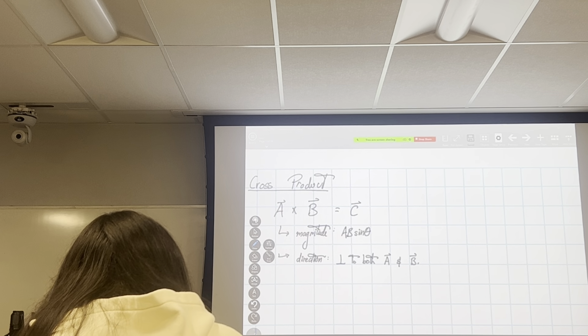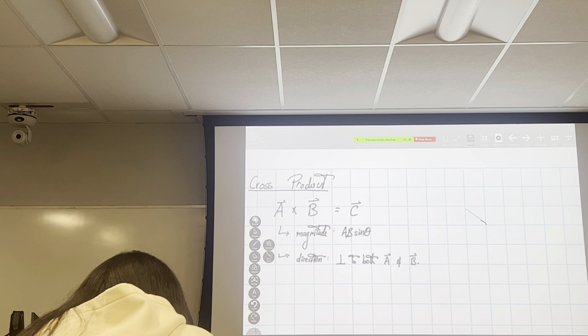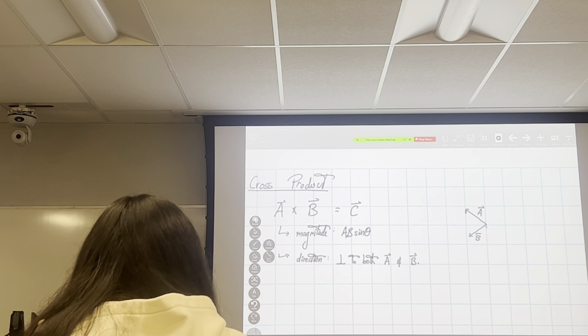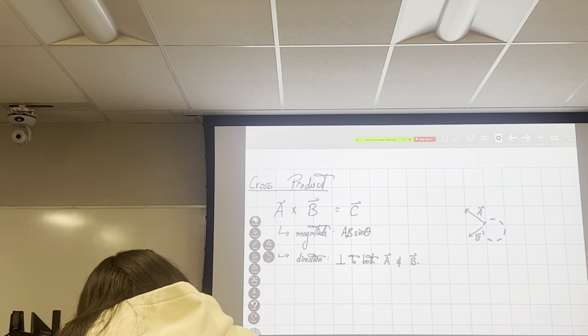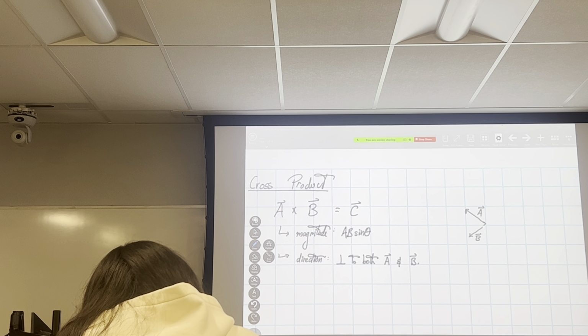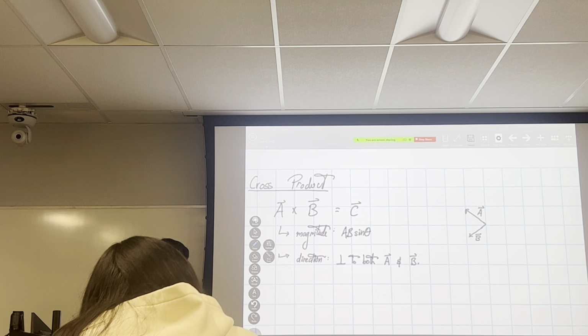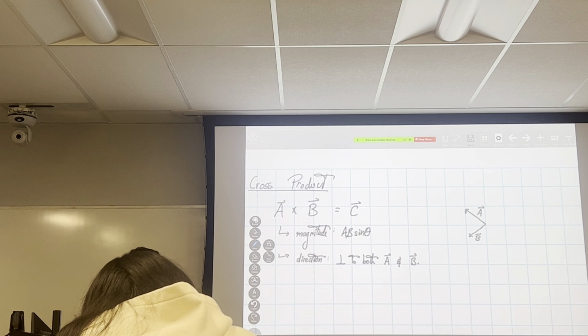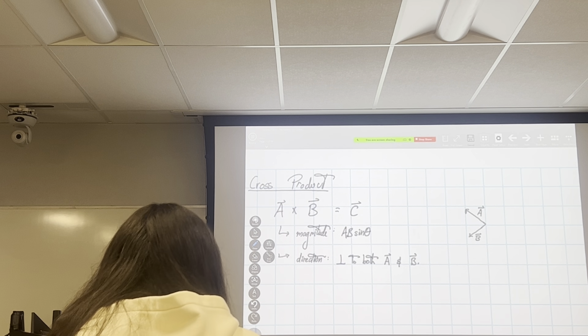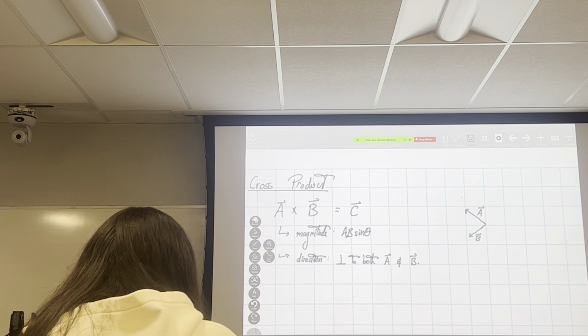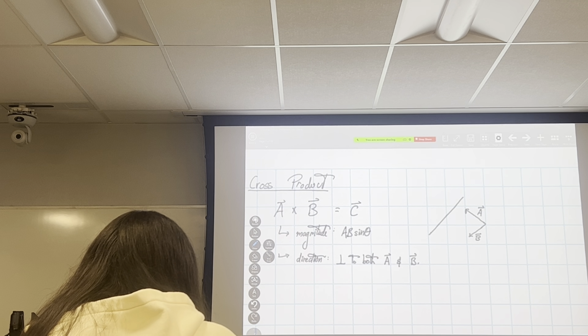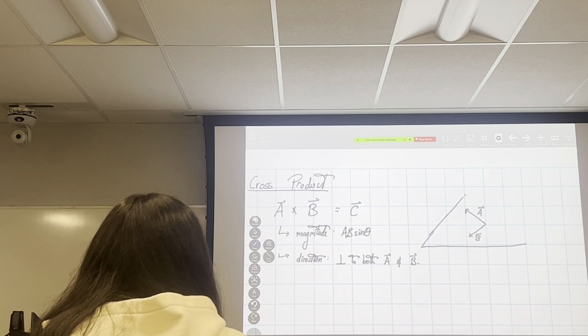So let's draw a simple sketch. So let's say this is vector A, and this is vector B. It doesn't matter what two vectors you use, there will always be a plane that you can draw that contains both of these vectors. So we can draw a plane that contains both of these vectors.